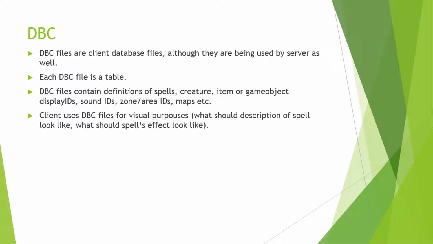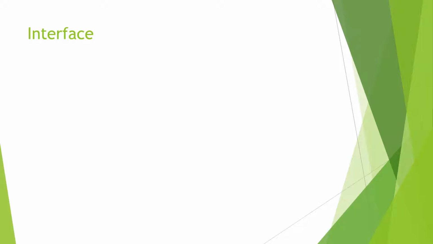What should the description of a spell look like, or what should the spell's effect look like, but they don't determine how high damage should be done by the spell. They can determine what damage should be displayed in a spell's description, but the spell will deal such damage only if the same damage is on the server side. More about that when we get to the server side in the third part.